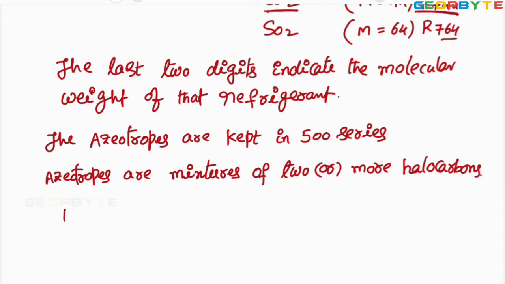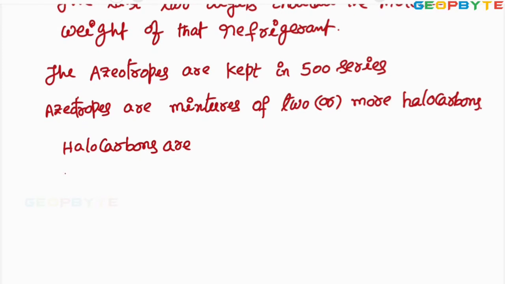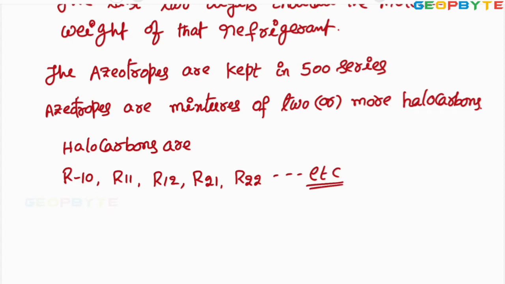So here halocarbons are R10, R11, R12, R21, R22, etc. These are all coming under halocarbons. I hope you got my point.